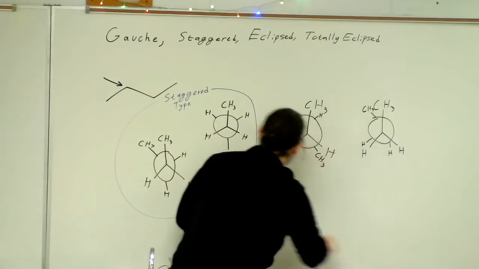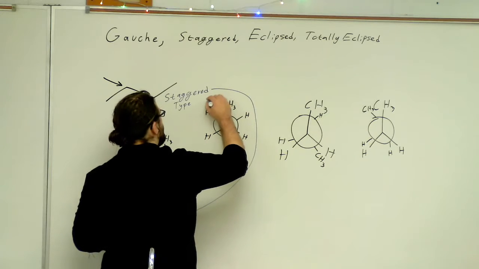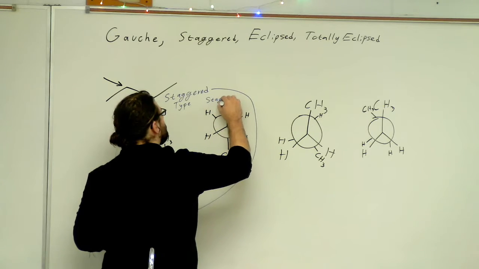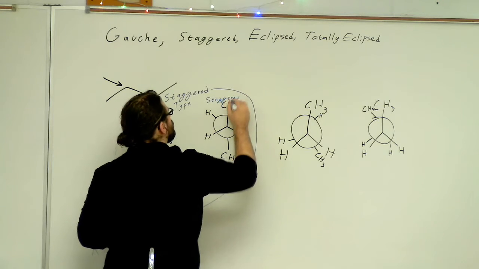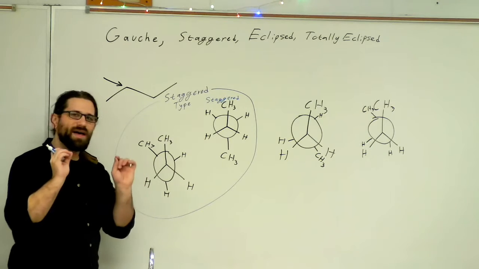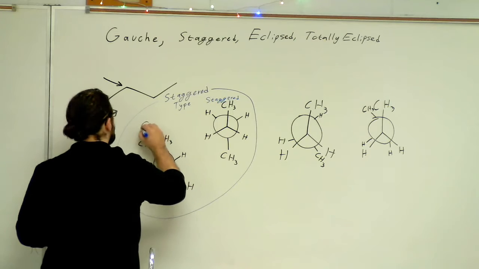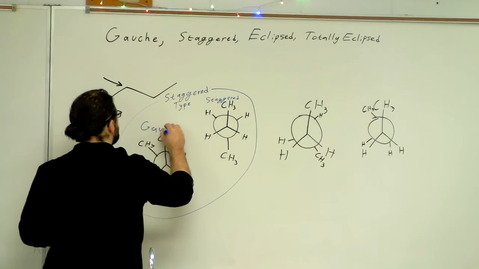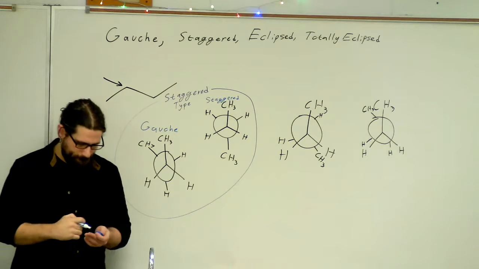Specifically, this one will just get the regular name staggered. But this one gets a different name. This gets a new name. We call this a Gauche conformation. Weird word, Gauche. Okay.